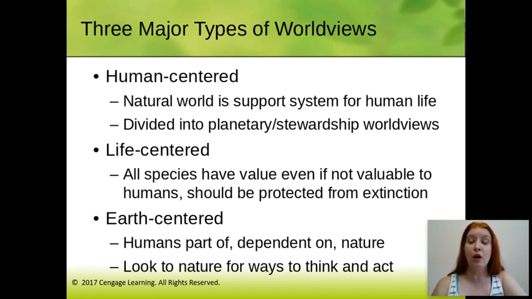So this is saving all life, not even the non-cute and cuddly ones. If it's on this planet, we should save it. And then we have Earth-centered, and this says that humans are part of and dependent on nature. So these people look to nature for ways to think and act. They make their decisions on their life and what they use and create based off of nature.